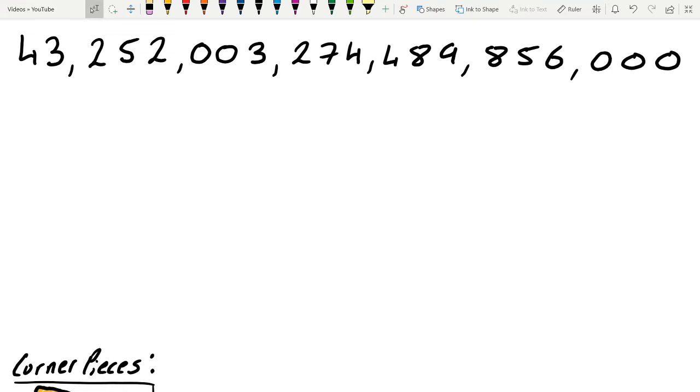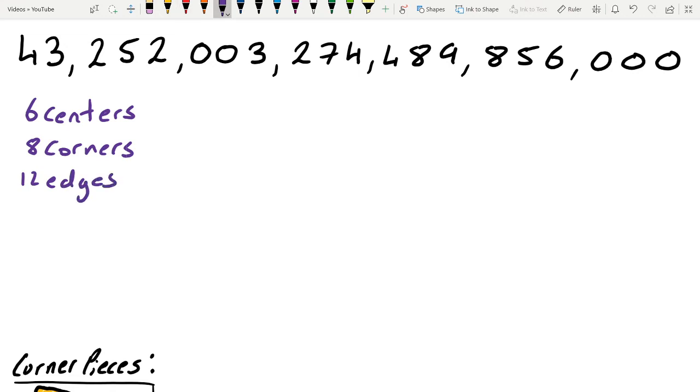So if you consider a standard Rubik's Cube, there are 6 center pieces, or centers. There are 8 corner pieces, or corners, and there are 12 edge pieces, or edges. But a thing to consider is that the center pieces are actually there to keep the whole cube in place.